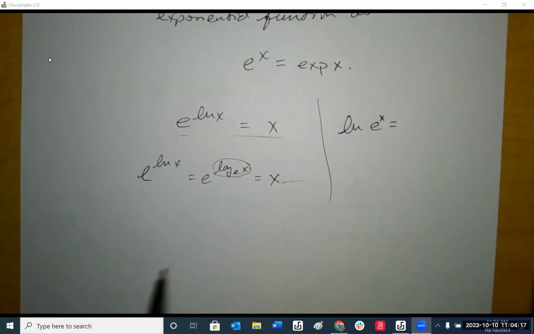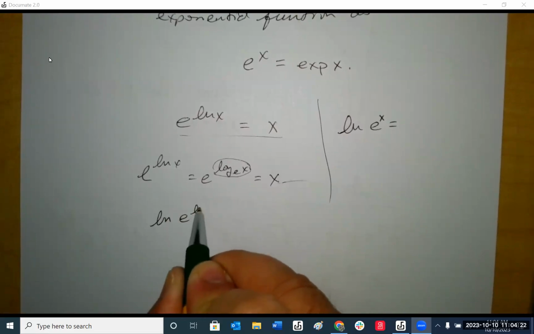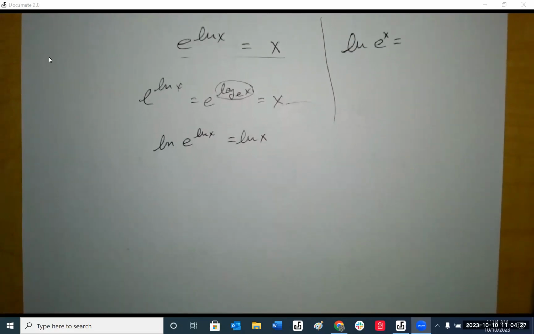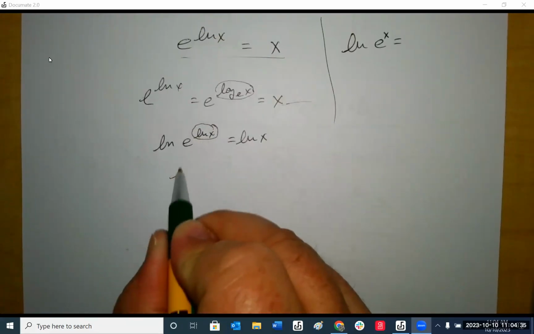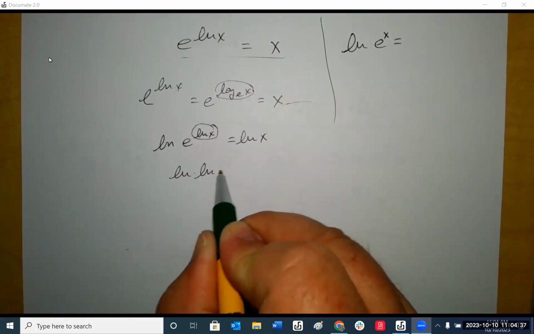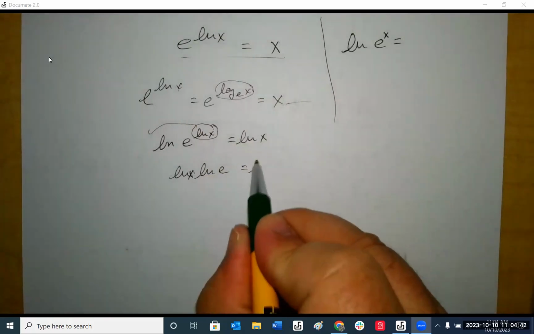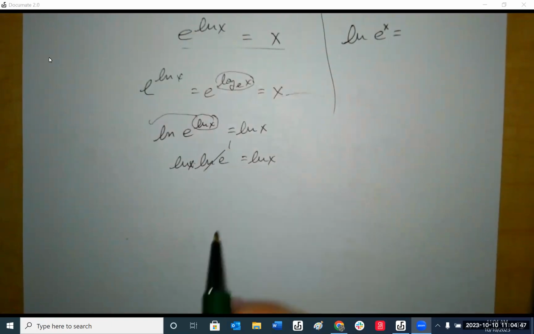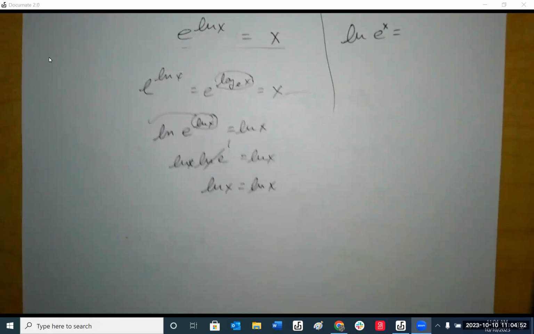What if we take the ln of both sides? That means now ln x is out in front, because remember, exponents go in front. Ln e we know is 1, so we have ln x equals ln x.